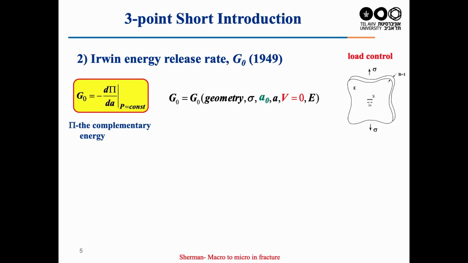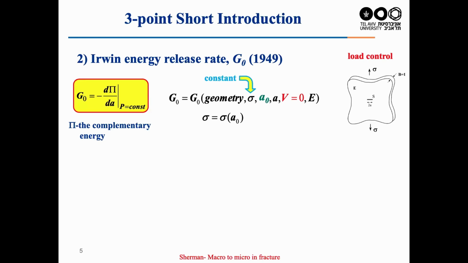It is a function of geometry, the stresses, the initial crack length a naught, the temporal crack length, and at V equal 0. It is quasi-static, not dynamic, for material problems. So this is very important to know.